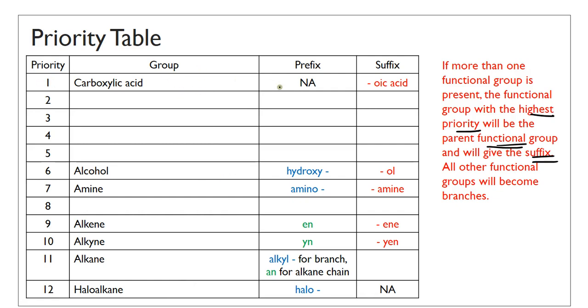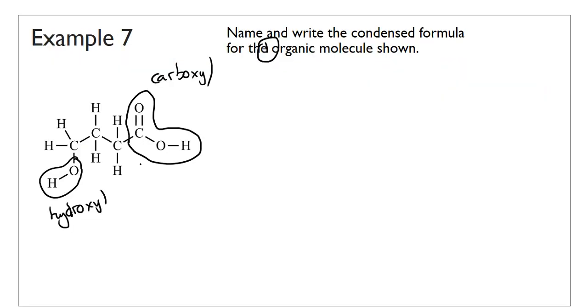So if you look at the priority table, carboxylic acid as a group is priority number 1. So whenever carboxylic acid is present, it's going to take the suffix, and everything else will become prefix. The example that we just looked at had 2 groups, carboxyl and hydroxyl.